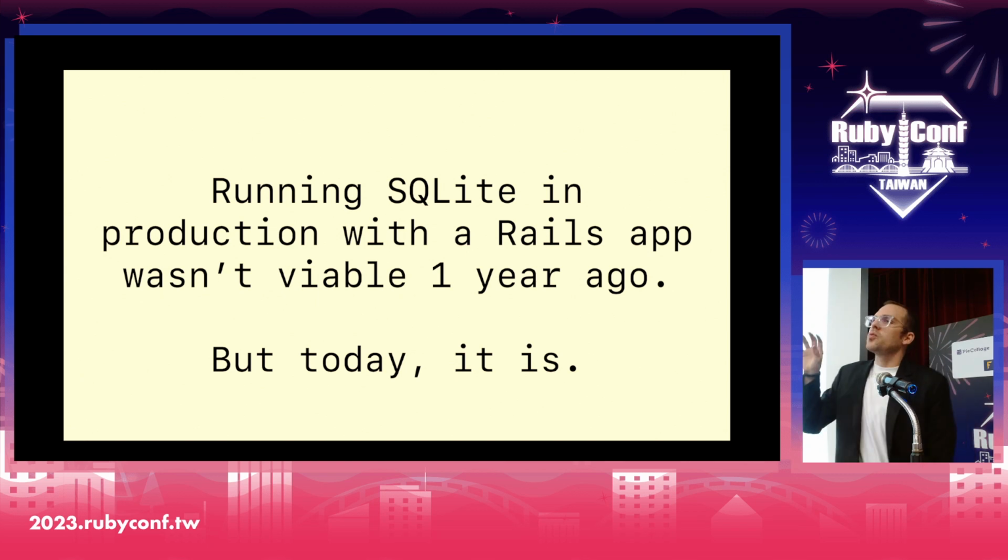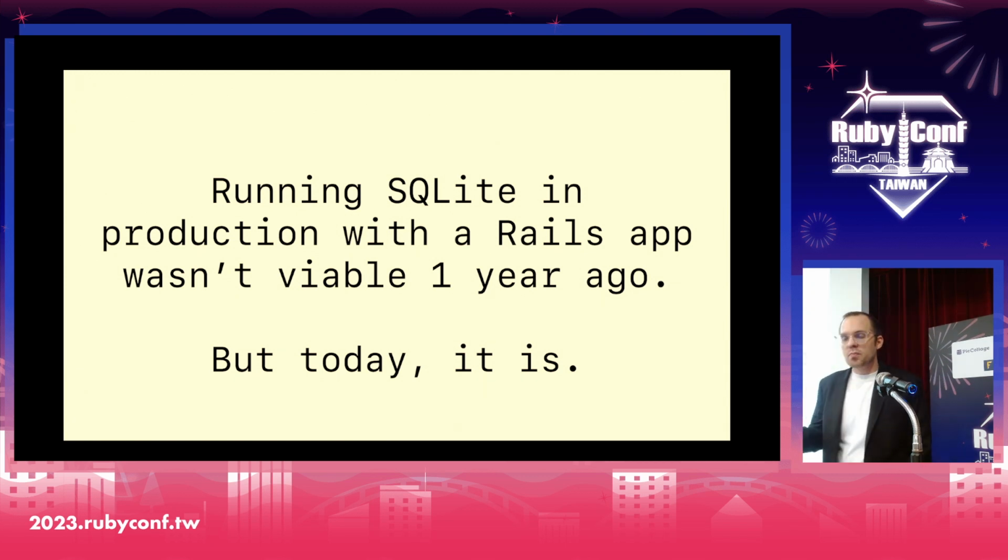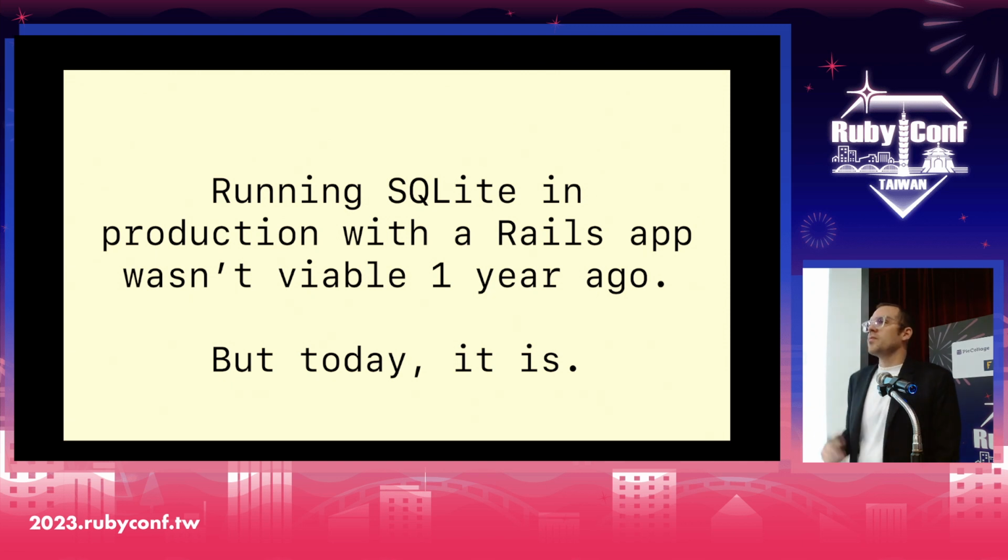So this is the first major point I want to hit. Running SQLite on Rails applications, even just 1 year ago, wasn't viable. You weren't going to get this experience. There are reasons why these presumptions that we have in mind are there. I'm going to talk more about them shortly.